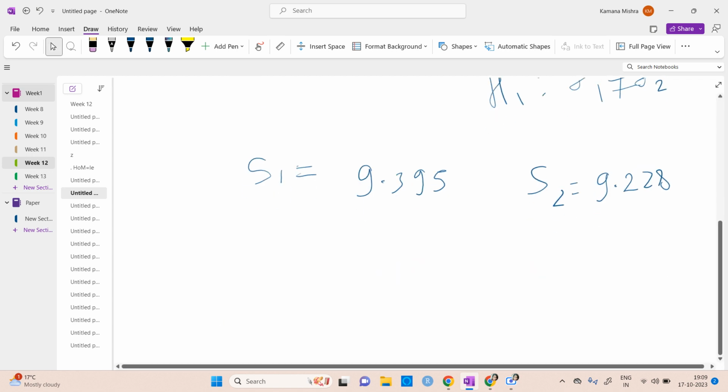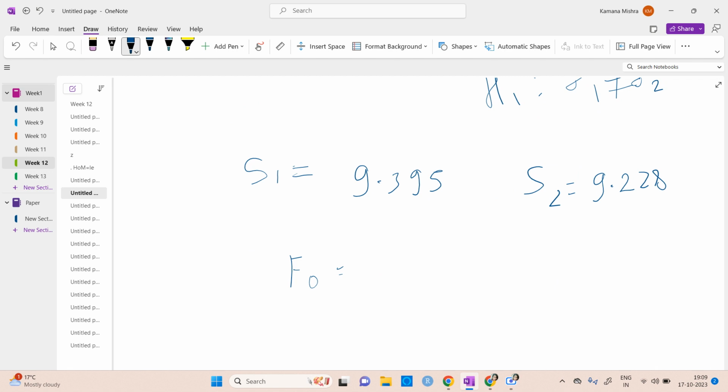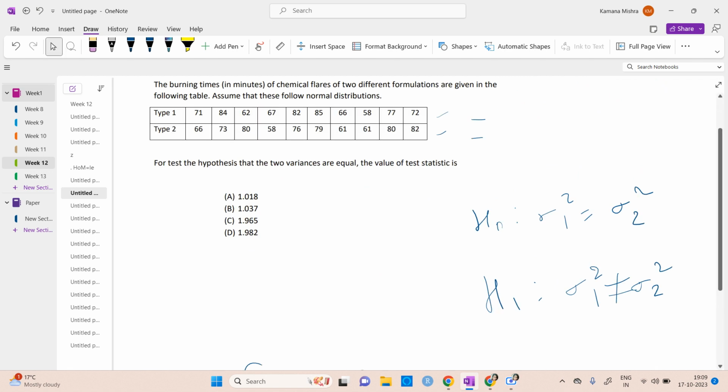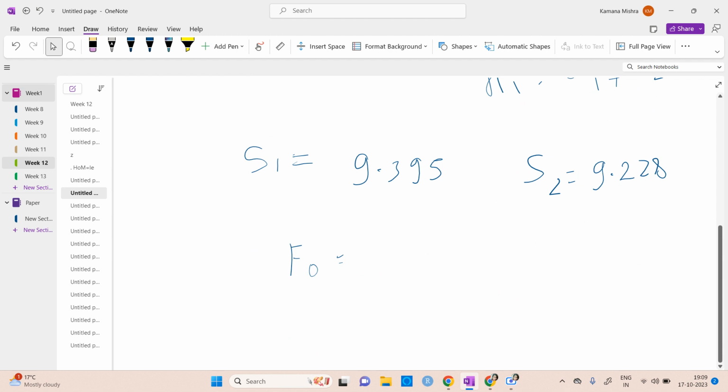So F0, this is statistics, so we need to find the statistic only, so that one would be S1 square divided by S2 square, because in the calculator it just gives sigma x, so it would be 9.395 square divided by 9.228 square, right?